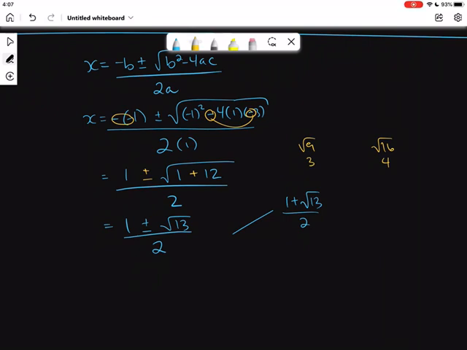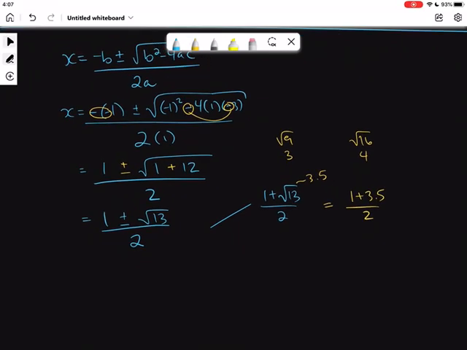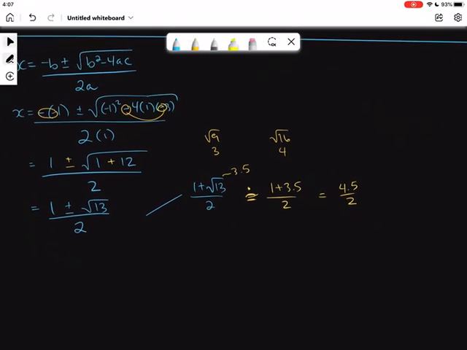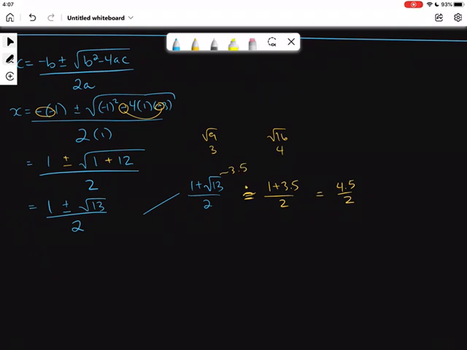So this is approximately, what, like halfway, a little over halfway. So let's just approximate this to 3.5. Okay, so I could say that this is approximately 1 plus 3.5 over 2, which is the same as 4.5 divided by 2.